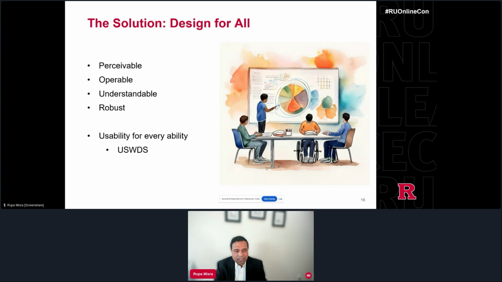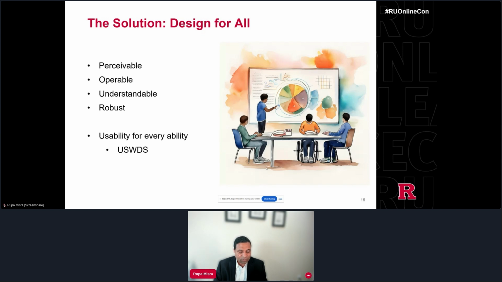One of the things that I like about the USWDS web design system is its tagline, usability for every ability. And they have these four principles: perceivable, operable, understandable, robust. Perceivable: users must be able to perceive the information presented.